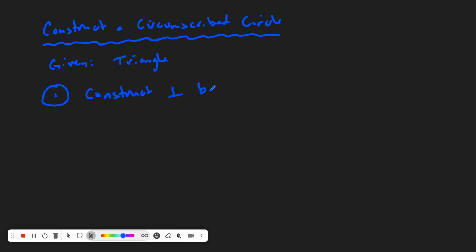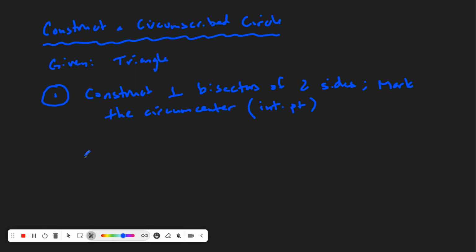Construct perpendicular bisectors of 2 sides. When you do that, they're going to intersect. Mark the circumcenter. And again, the circumcenter is the intersection point of those 2.